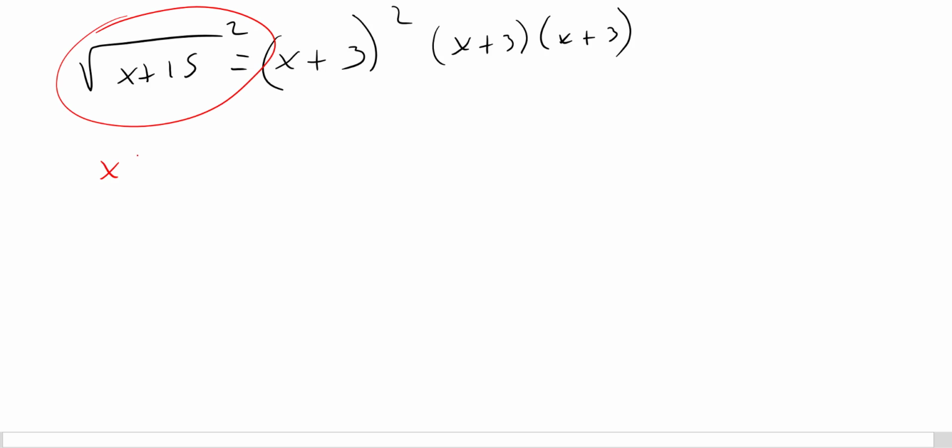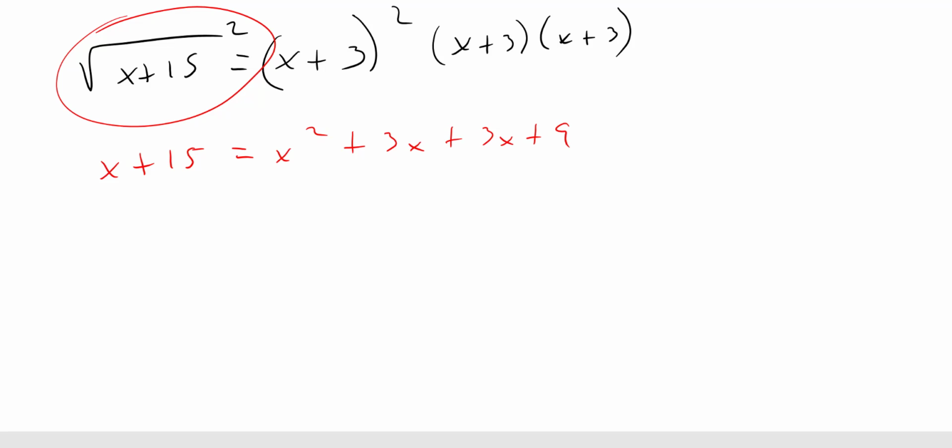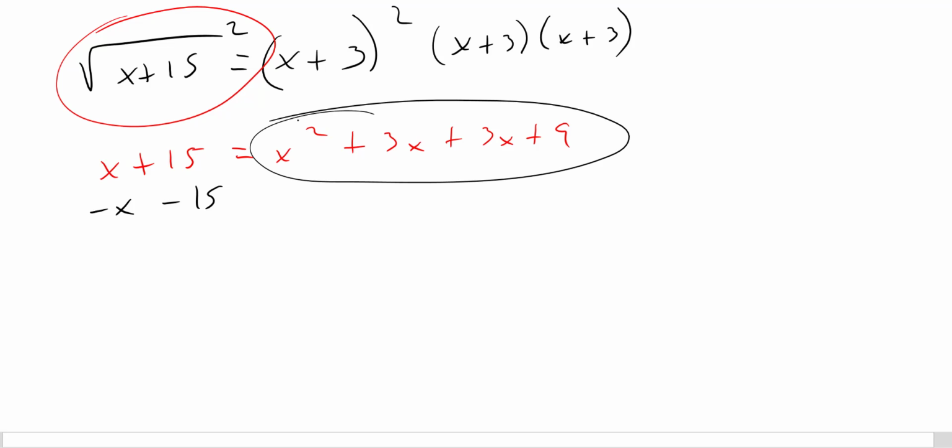Okay, so this one's easy. That one's just x plus 15. Right, the square root goes away. This one, when I FOIL it, I get x squared plus 3x plus 3x plus 9. Okay, then I'm going to subtract x and subtract 15 from both sides. I want to get everything to one side. Actually, before I even do that, if I combine this together, do you guys agree I get x squared plus 6x plus 9?